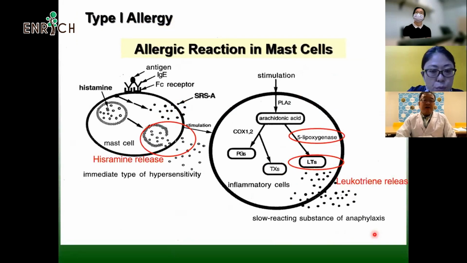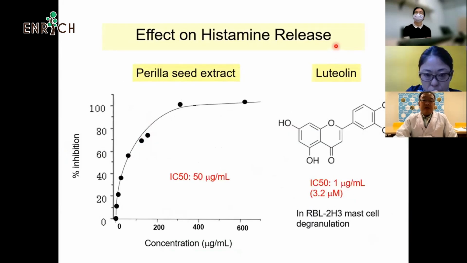Firstly, histamine release and leukotriene synthesis are crucial for type 1 allergic reaction. So we first examined the anti-type 1 allergic effect of perilla seed extract. In this study, we evaluated the anti-histamine release effect of perilla seed extract.